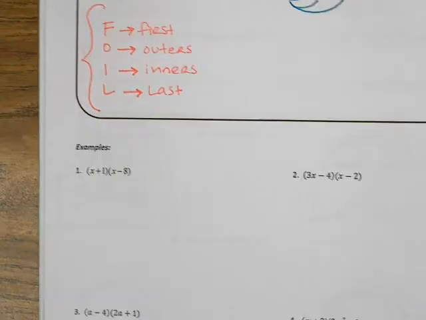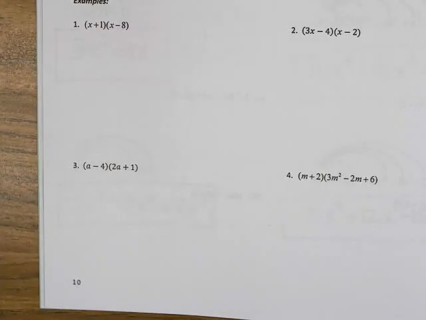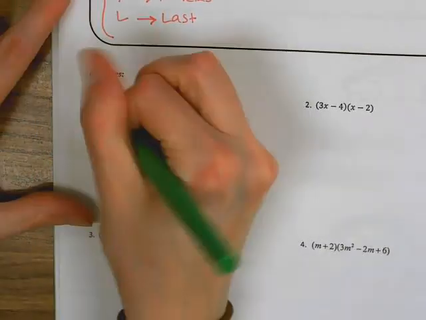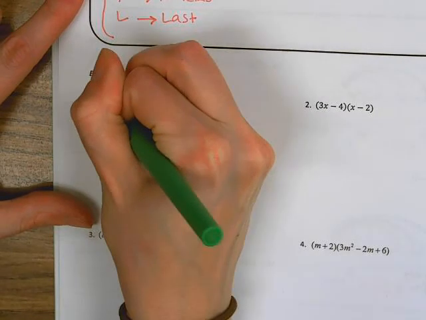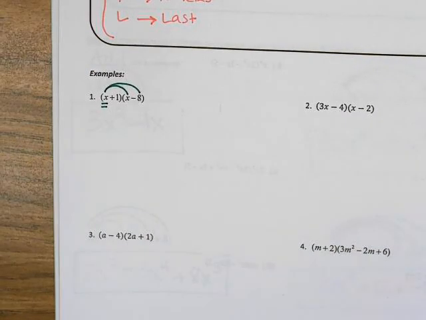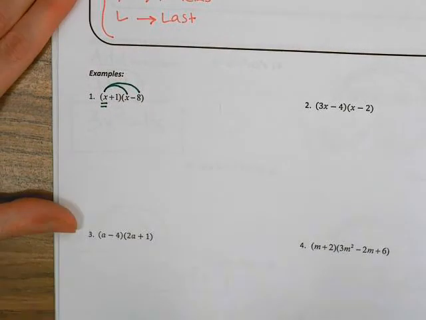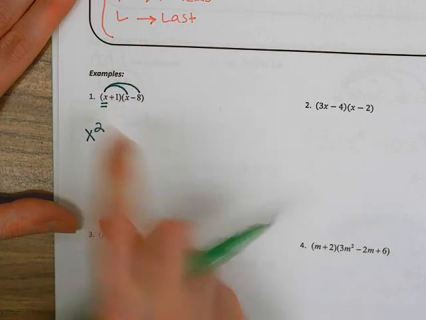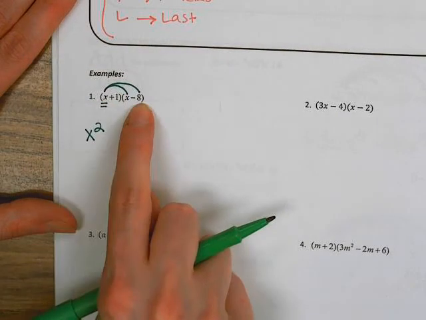All right, so number one, our first multiplying two binomials. Let's do it. So I'm going to show you guys my way first. I'm going to take the x and I'm going to distribute it to both terms in the second parenthesis. So what's x times x? That's x squared. And then what's x times negative 8?